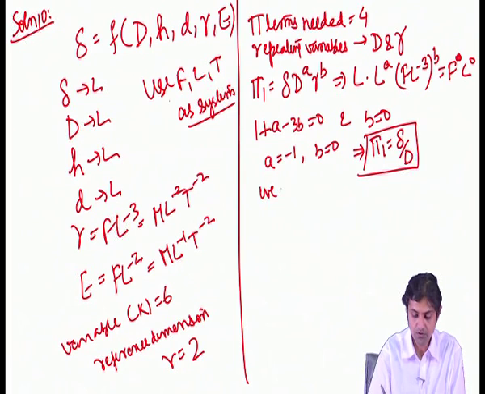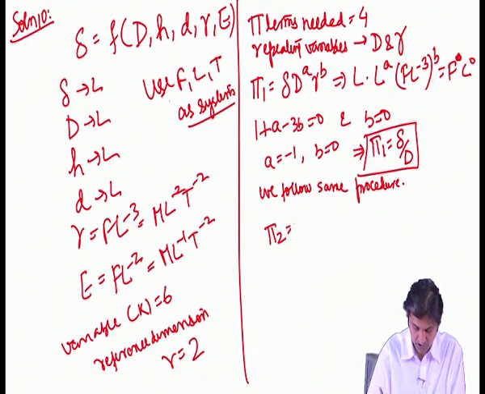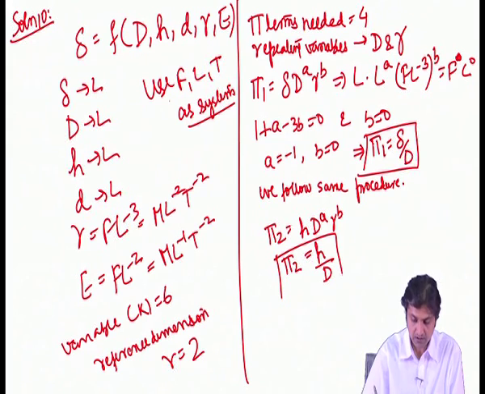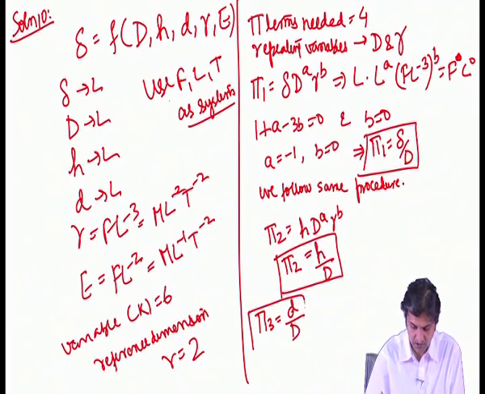If we follow the same procedure, we are going to get pi 2 as h by D. All right, and pi 3 will be given as small d by capital D, and pi 4 is going to be E by D gamma.